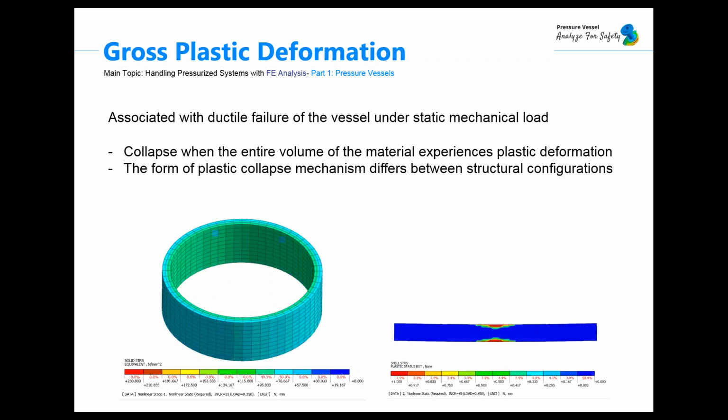As you see, the picture to the left describes the first situation, so we can observe when the wall experiences, let's say, full or global plasticity. And in the picture to the right, we are observing the simply supported beam, and now using the contour of the plastic status, we are observing the local plasticity.